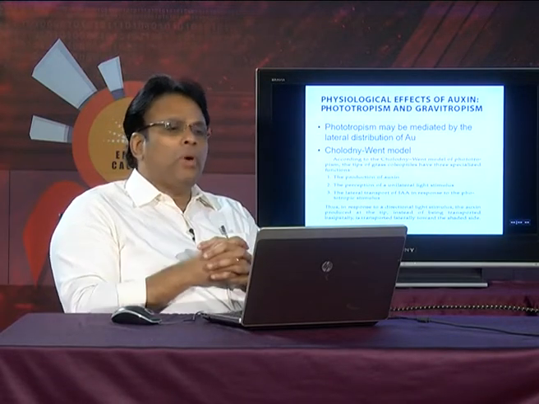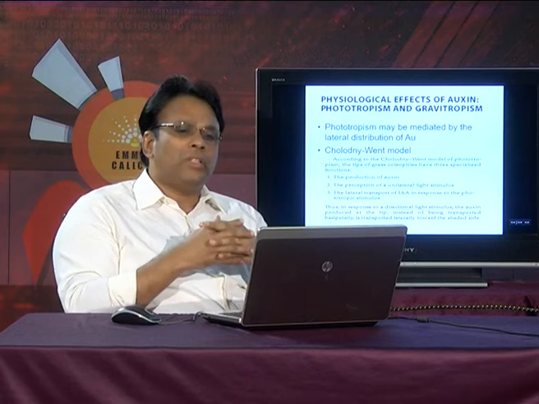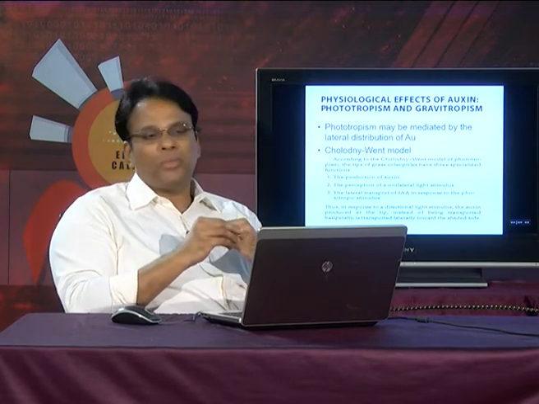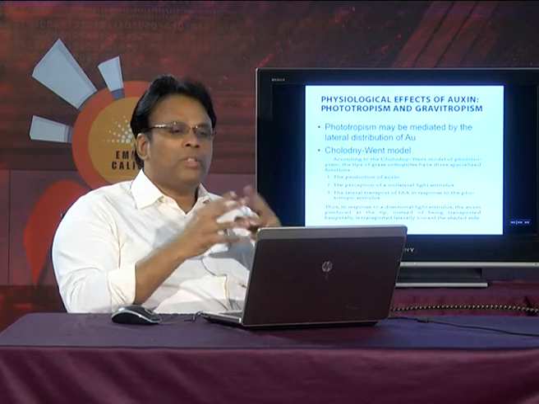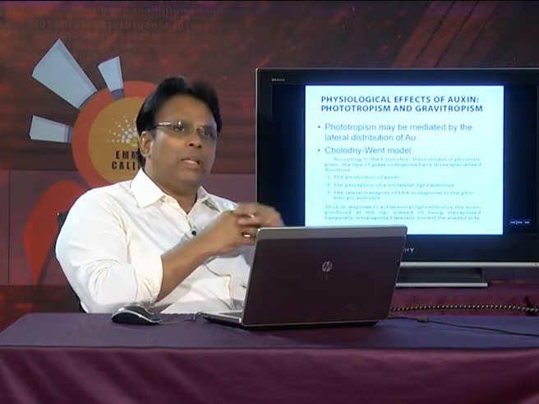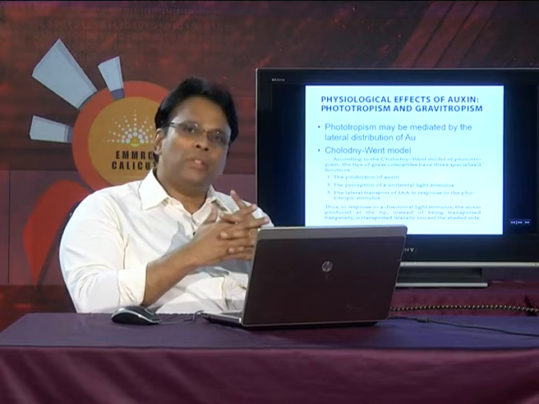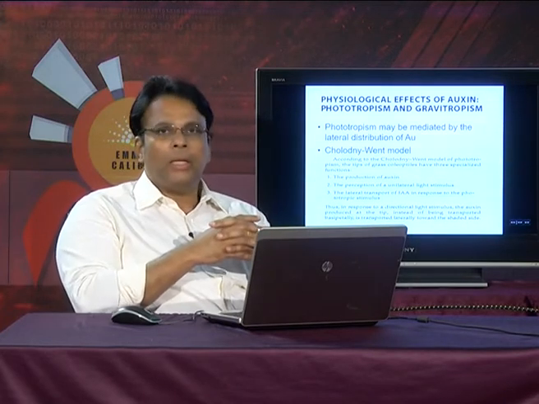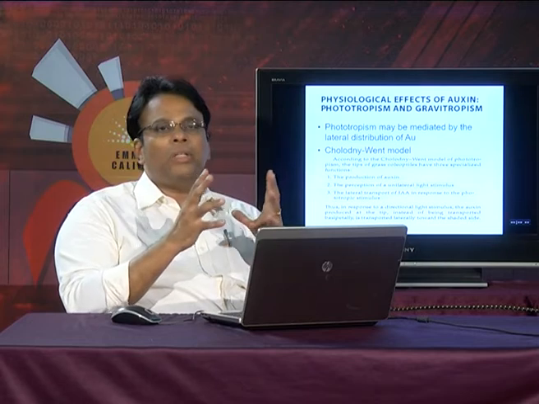Now we move into another two important physiological effects of auxins, that is phototropism and gravitropism. We will deal with them one by one. First we will be seeing phototropism. Already we started the study on auxins based on the bending of the coleoptile towards the light, and that is actually phototropism.